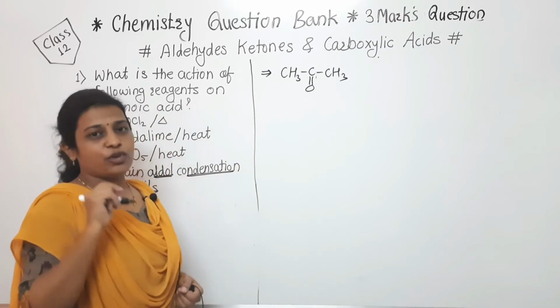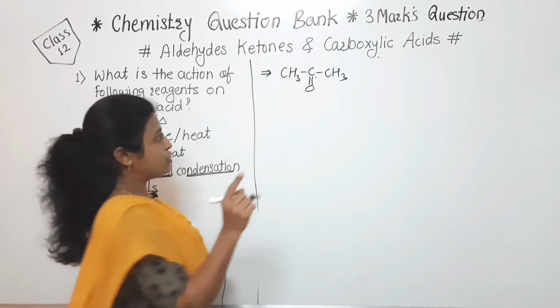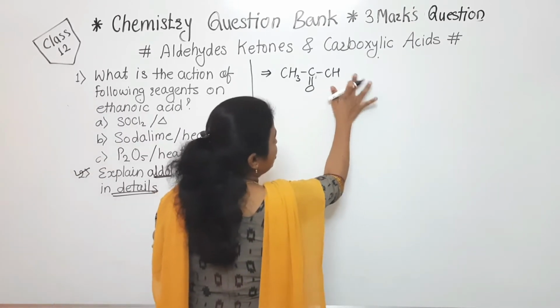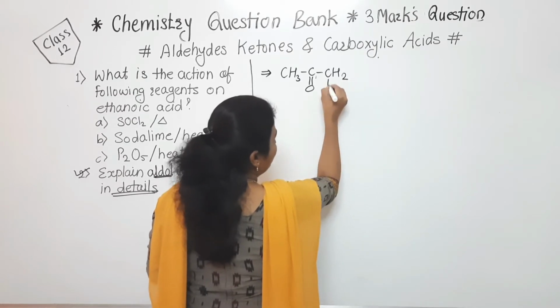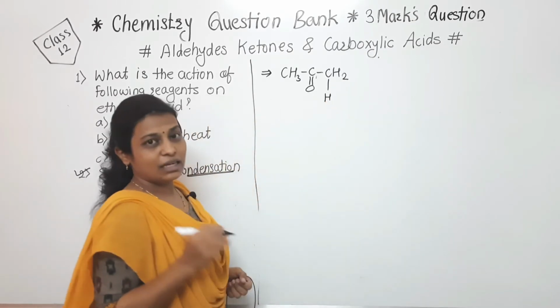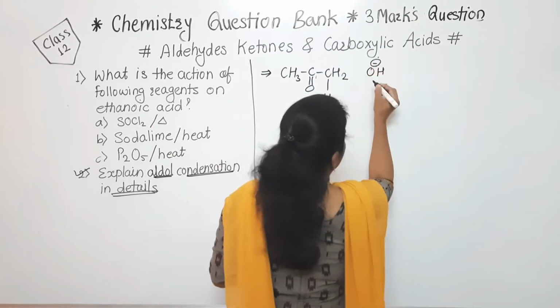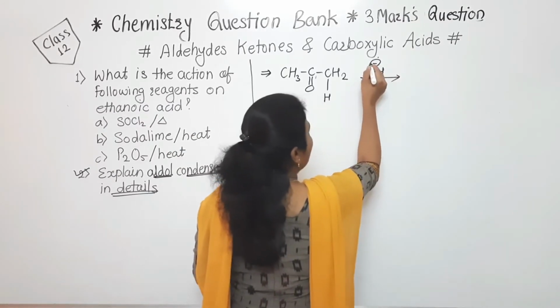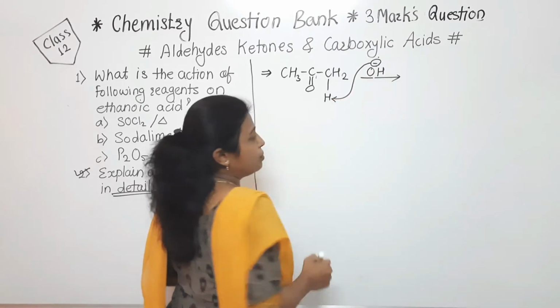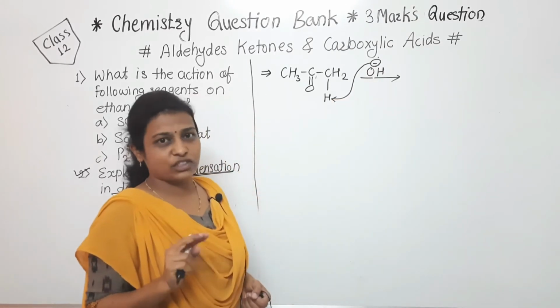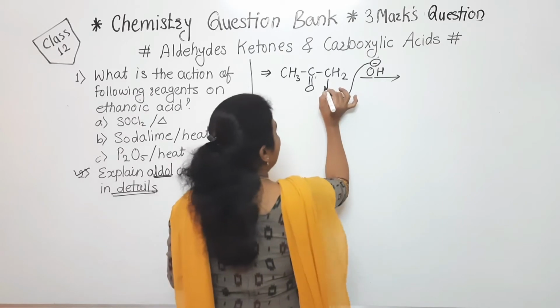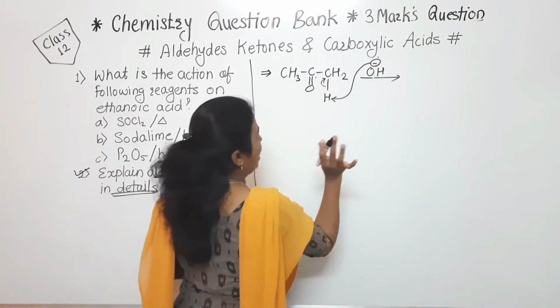In the first step we are treating with the alkali. Now see, here instead of CH3, I will write CH2 and show one hydrogen like that for simplification. OH minus, this is the alkali. What will happen? It will take that proton, which means a deprotonation reaction will take place, and here that CH2 will carry a negative charge.